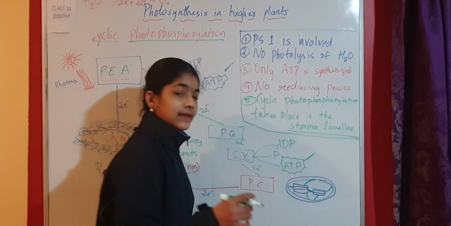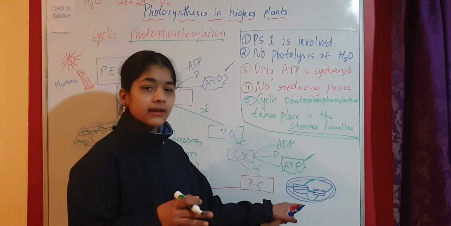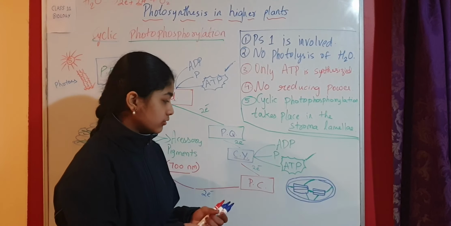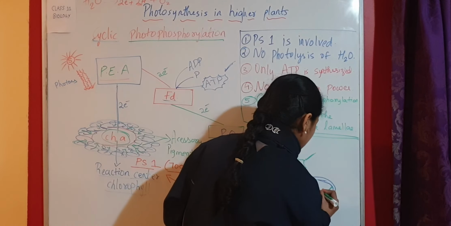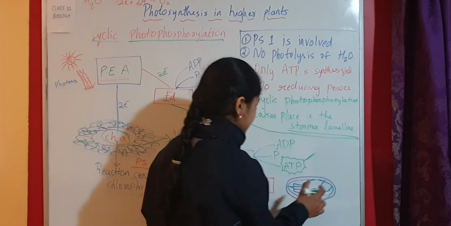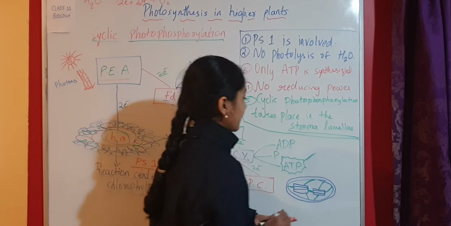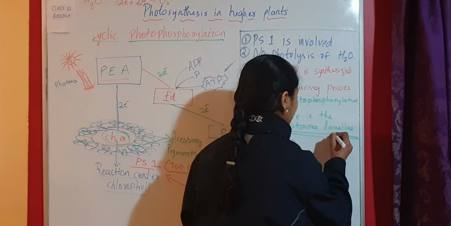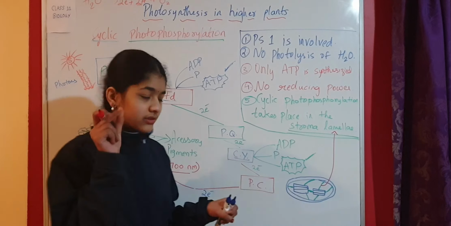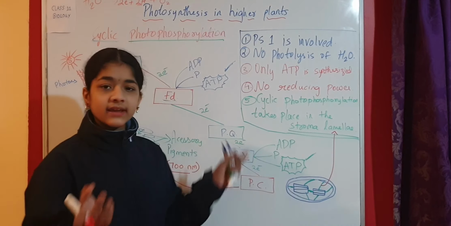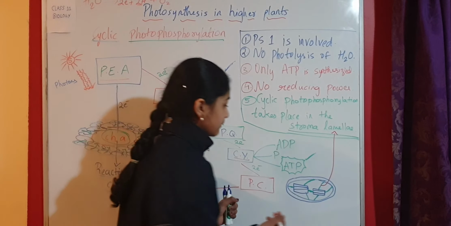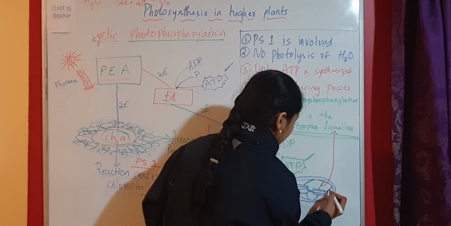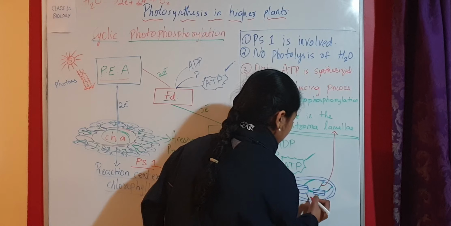They are just interconnections which are there to hold those grana in place in the stroma. So this is nothing but stroma lamella that we are referring to, those interconnection thread-like structures. This cyclic photophosphorylation takes place on the membranes of these stroma lamella. So here is where it's going to take place.